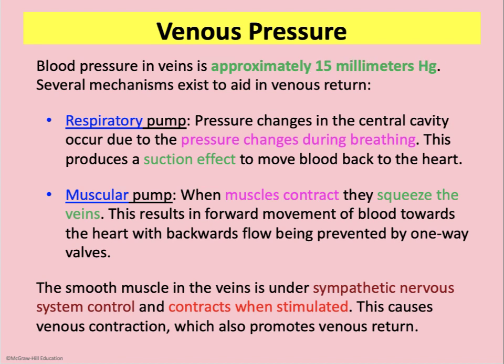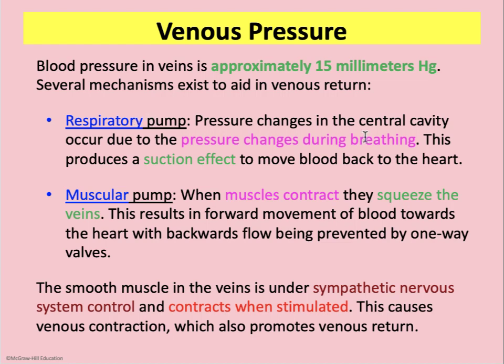To encourage this blood to keep moving back towards the heart, the body has evolved 2 important mechanisms. One is the negative pressure manufactured by the breathing apparatus in the thorax. So this is known as the respiratory pump.